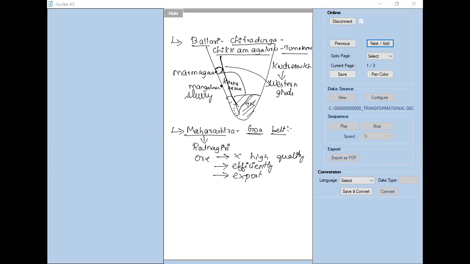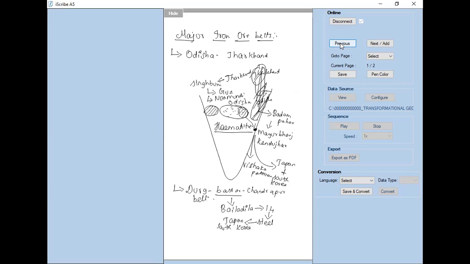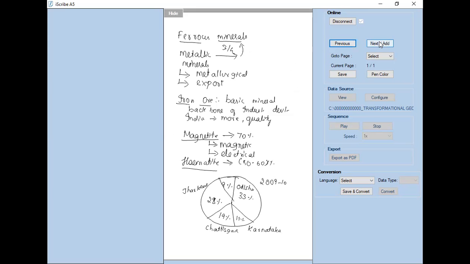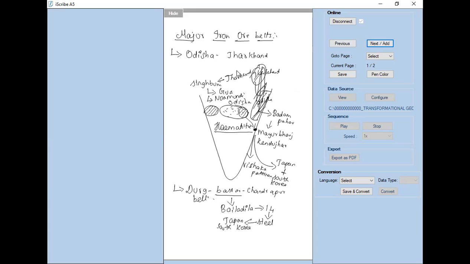Okay. So what are the belts we have? Once again, we have to give the quick recap. You see Odisha, Jharkhand belt in this region. Durg, Bastar, Chandrapur belt is in the Chhattisgarh and Maharashtra region. Here we have Bailadila hills. We have 14 mines. In these 14 mines, we have the iron ore especially used for steel production.